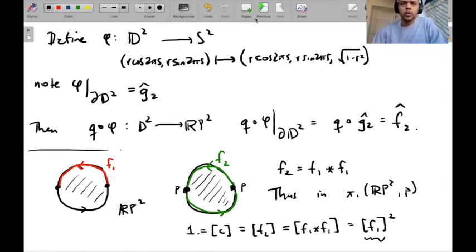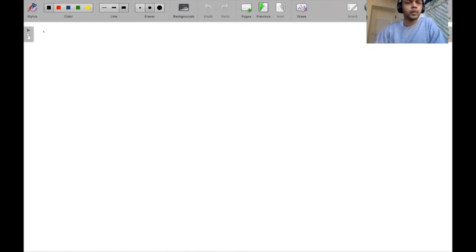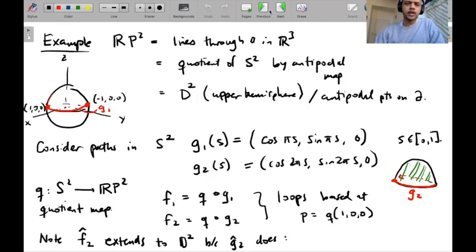All right, let me do one more example. And now I'm going to try to do things a little more pictorially. So this is a common thing in topology. There's sort of two routes to doing arguments, both of which are rigorous at the end of the day.